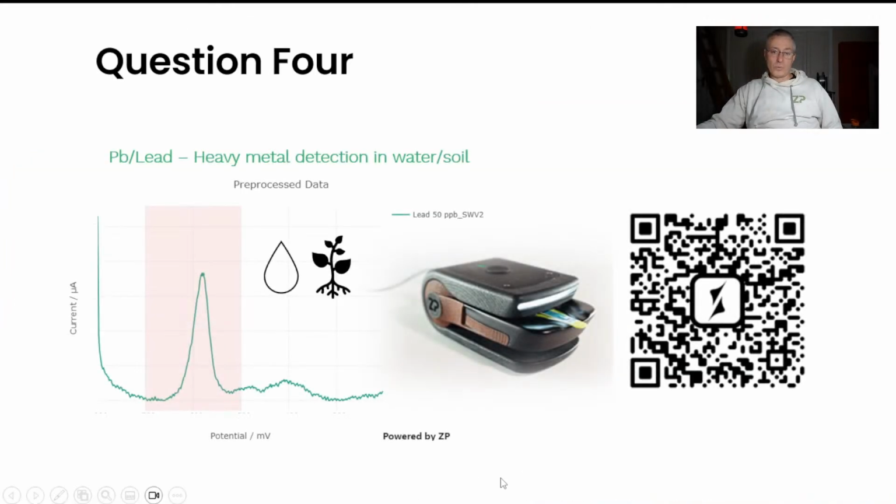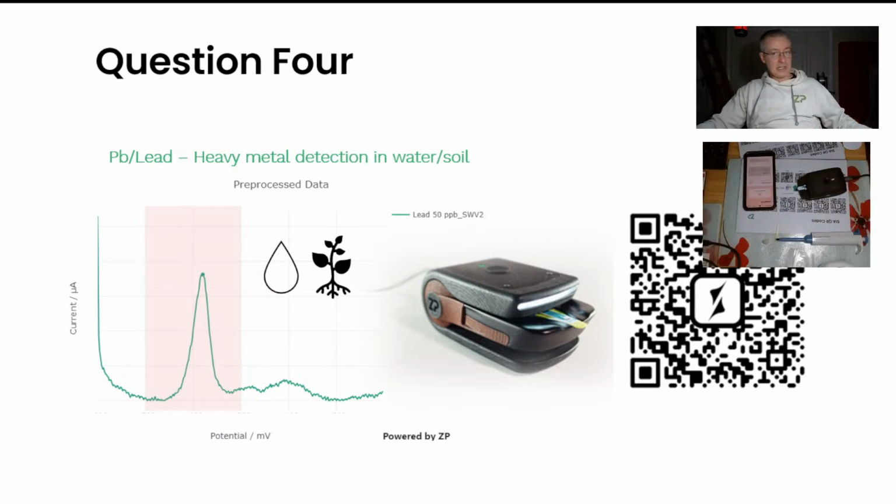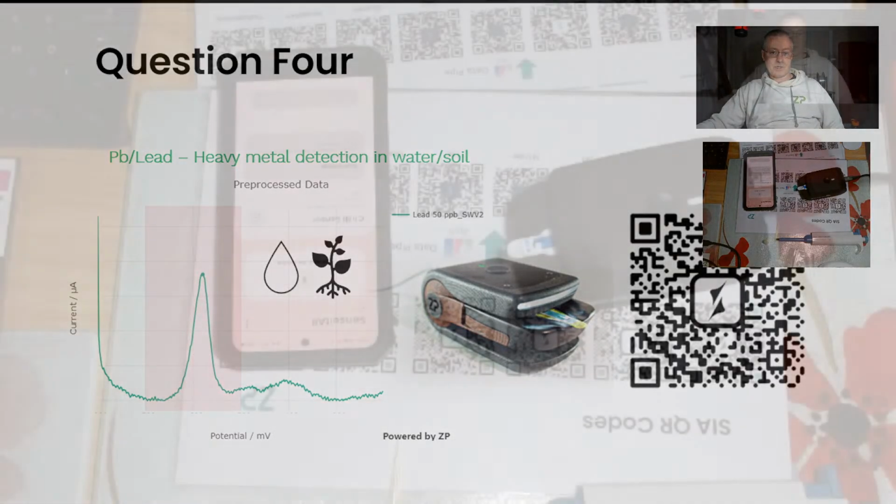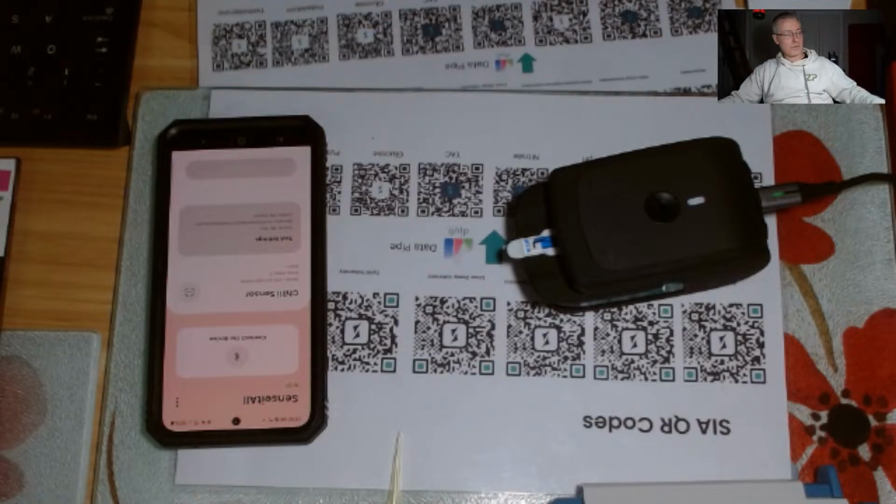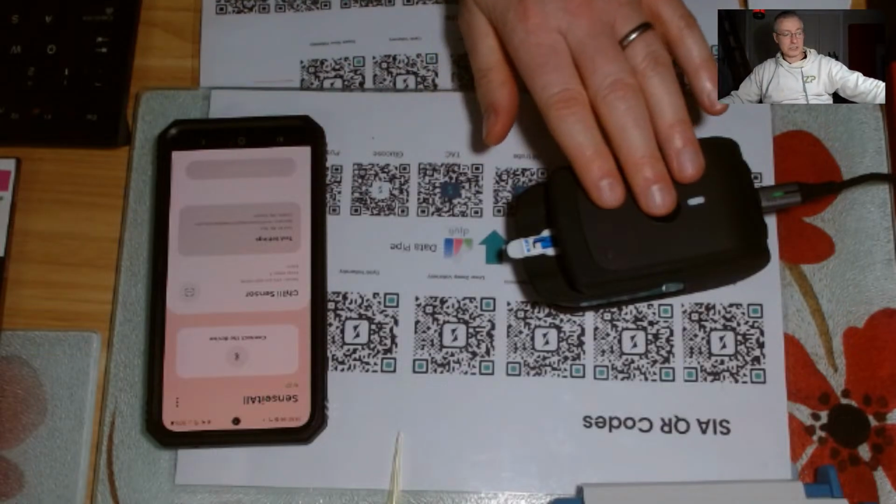Question number 4, we are getting inquiries now about this new lead system. So it's a little bit crazy, this Sensit All platform, it's a very, very powerful, it is actually a potentiostat.